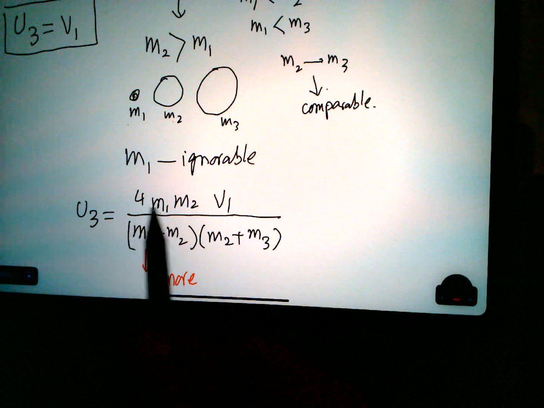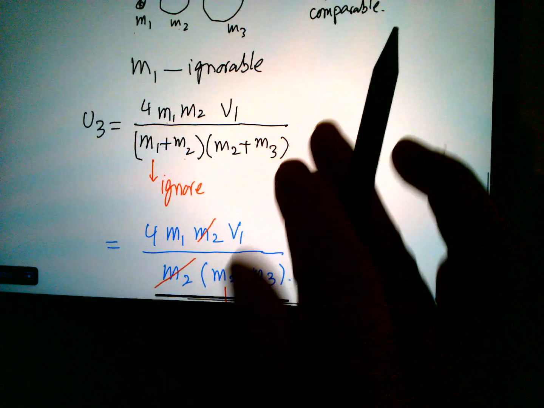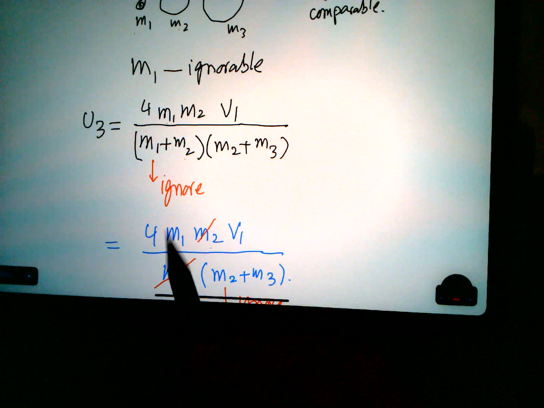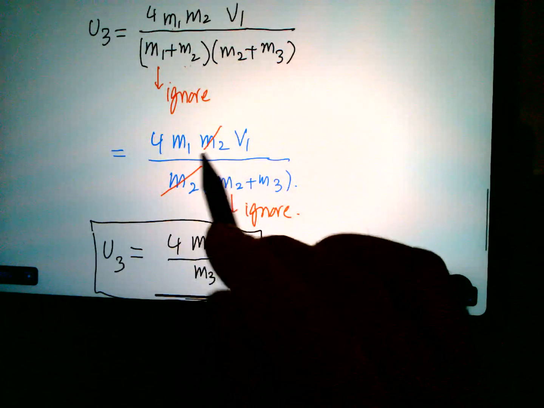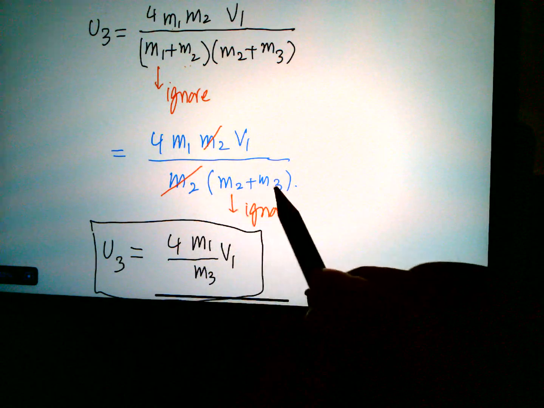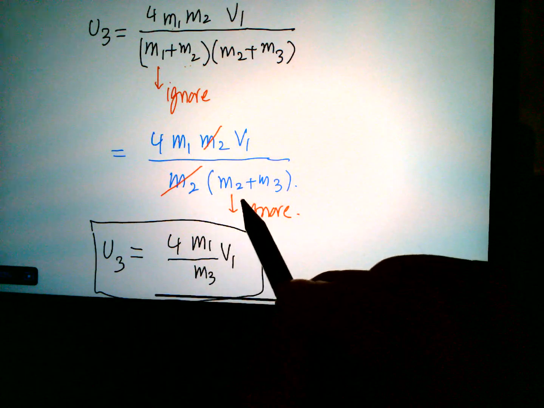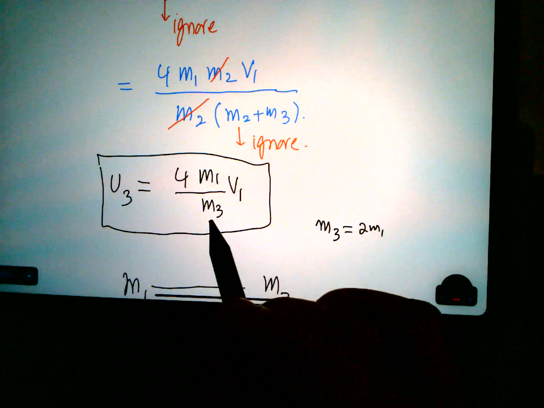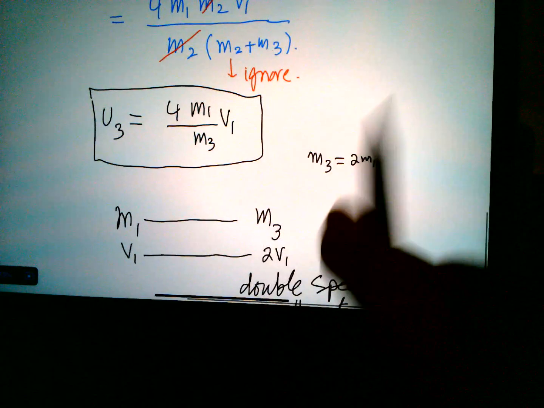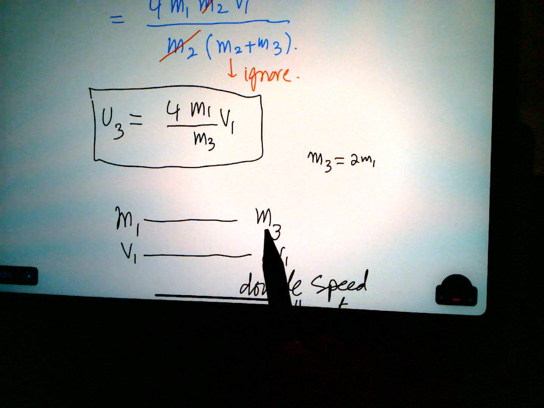Then u3 will be equal to this expression: m2 and m2 cancel, then m1 and m2 are ignorable, leaving 4 m1 m3 over m3 squared, times v1.